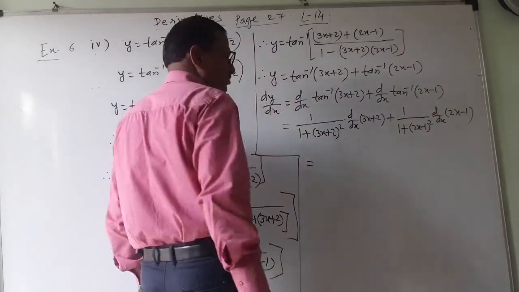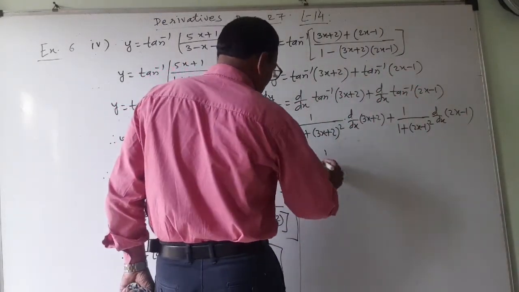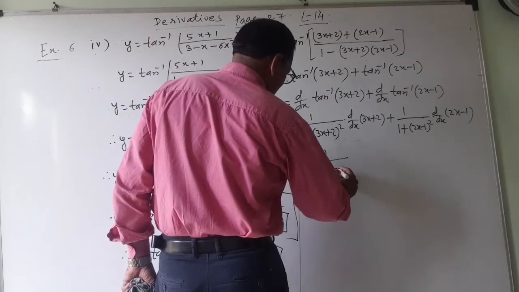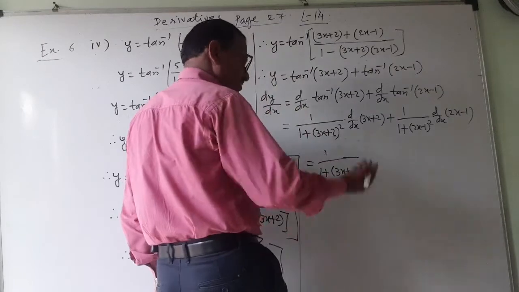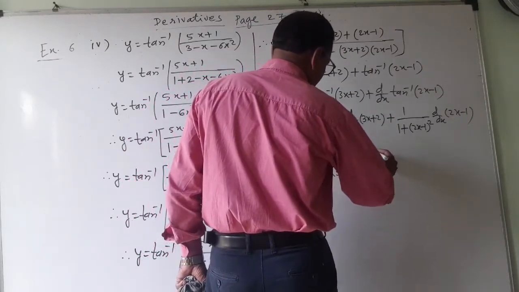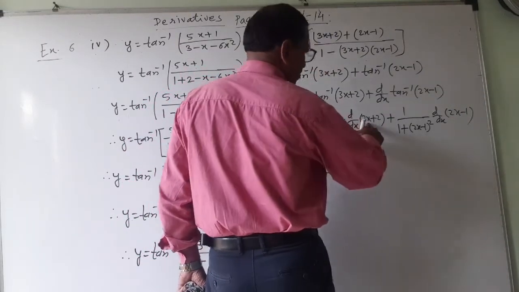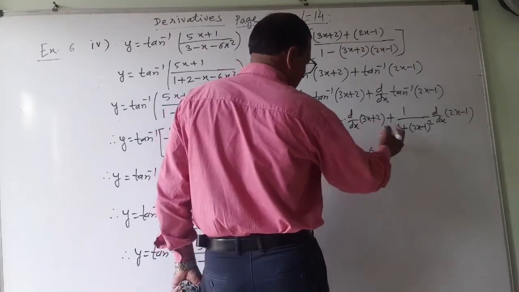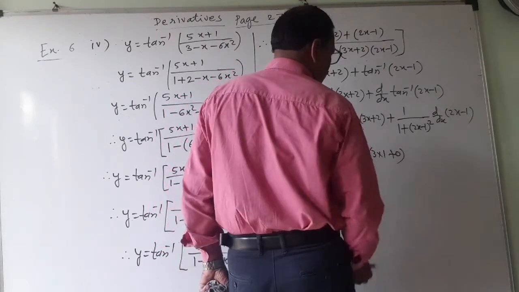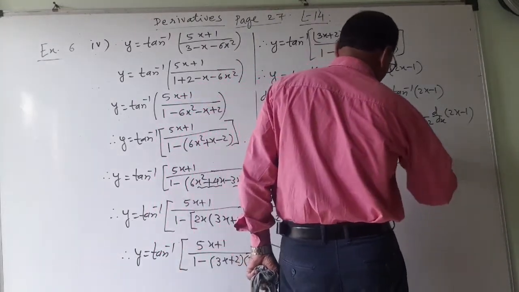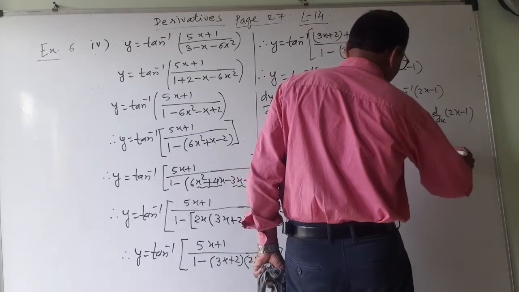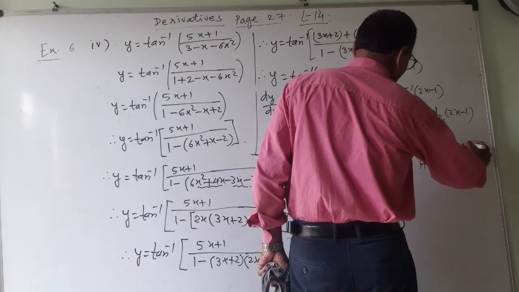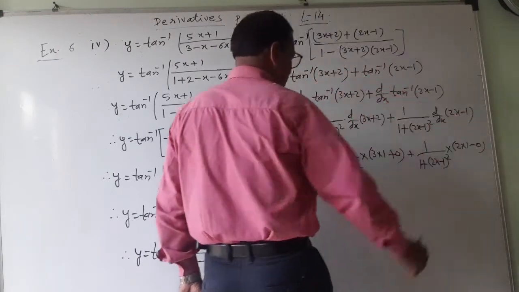So that is equal to 1 upon 1 plus, I will not open the bracket because I am not getting any benefit by opening the bracket. That's why I am keeping it like this. 3 into 1, the derivative of 3x plus 2 is 3 since the derivative of 2 is 0, plus 1 upon 1 plus (2x minus 1) bracket square into 2 into 1 minus 0, the derivative of 2x minus 1.